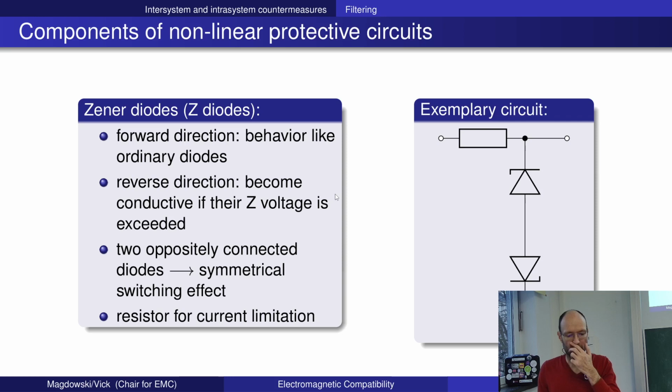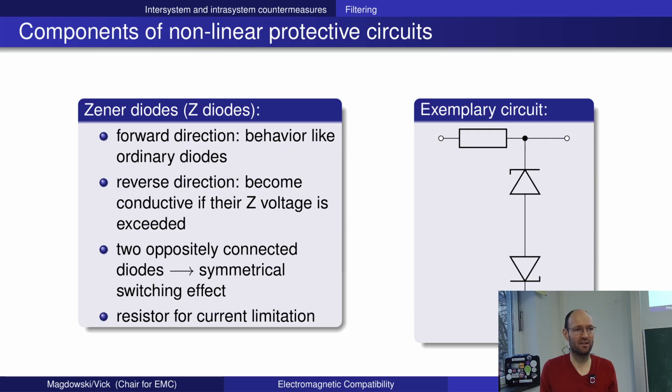Okay, so the same thing can be done with Zener diodes. These Zener diodes are diodes that you would usually use in the reverse direction. In the forward direction they behave like usual diodes, and in the reverse direction they also behave like diodes.